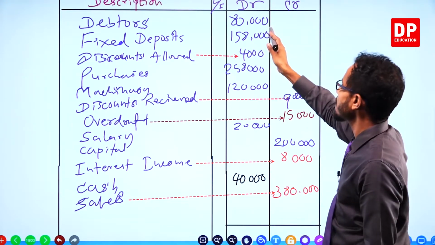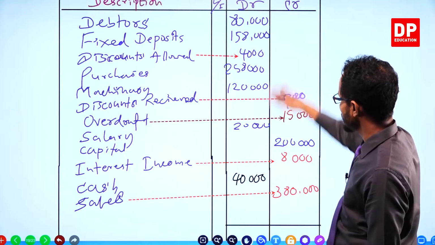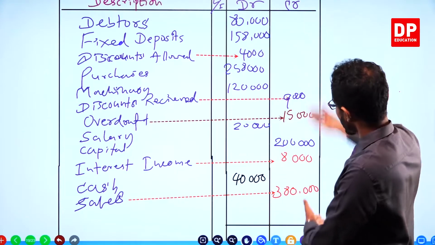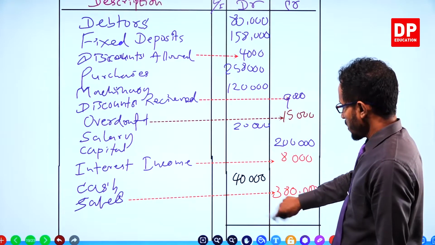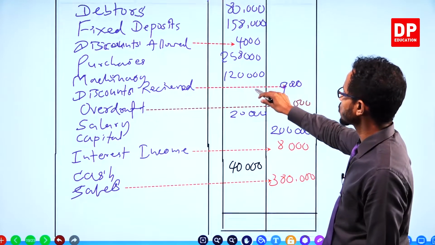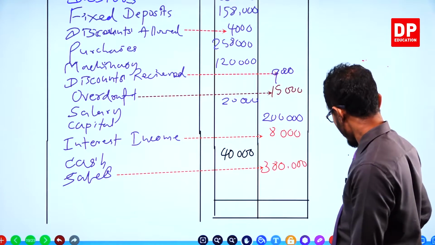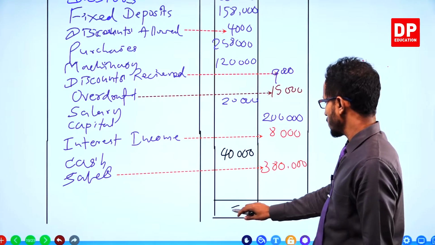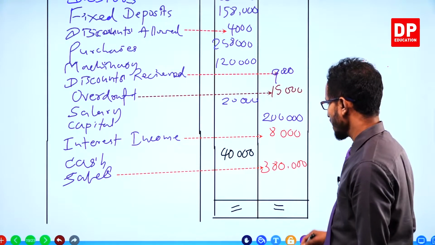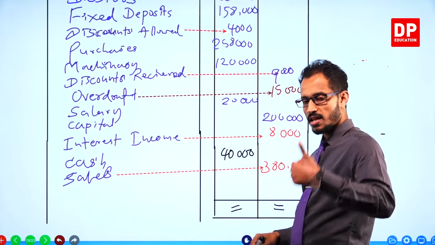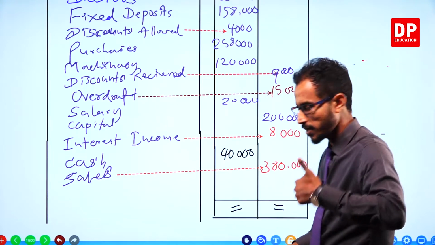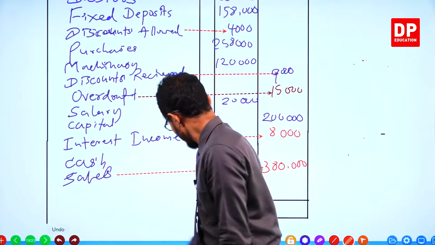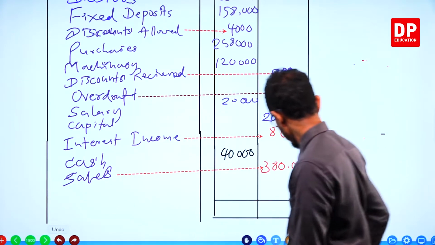Just sum up the debit column, and then after that the credit column. If the balances, I mean the totals are equal, that means your trial balance is okay.